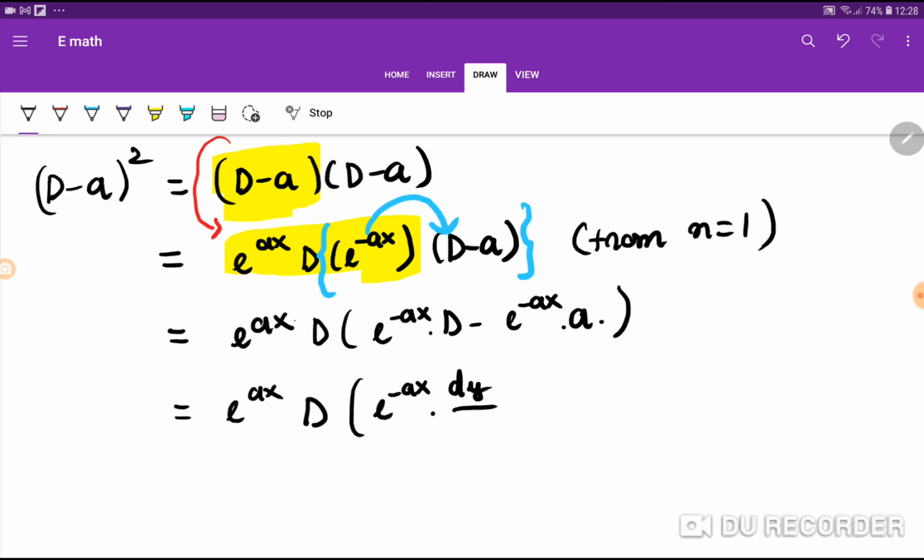D, I replace with dy over dx, minus ax times a. I used to think this was correct, guys, I really do, I swear to God, but this is actually a times y.